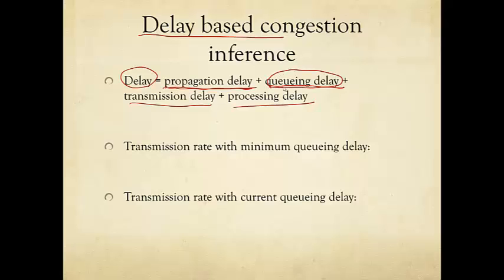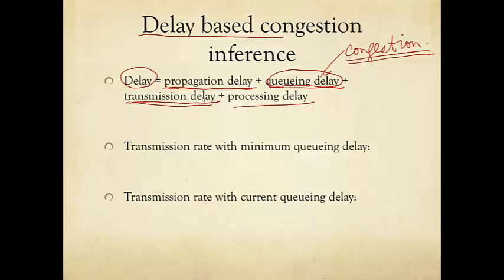Queuing delay is what we are most interested in here because it refers to the time you spend waiting inside a router for the egress link to be available on the output port, as we saw in the last lecture on routing. So this is congestion induced. If there's no congestion, then the egress link on the output port is always available. There is no queuing delay. But as congestion gets heavier and heavier, queuing delay will also go up.